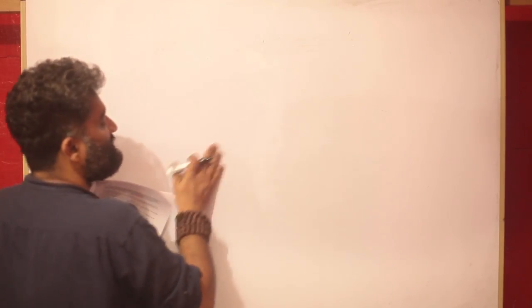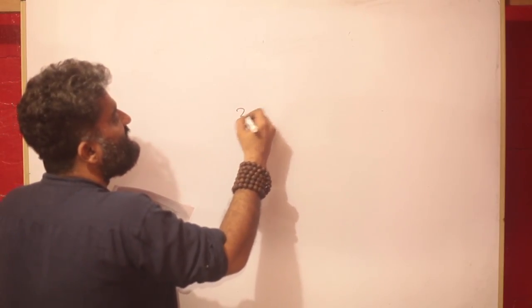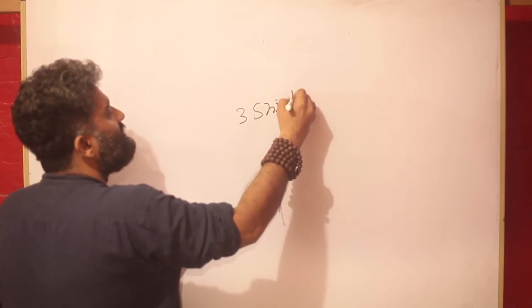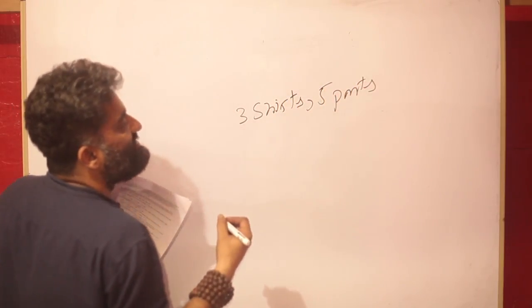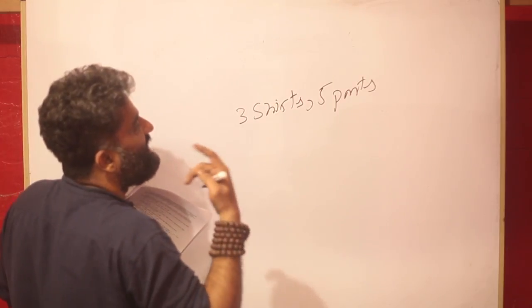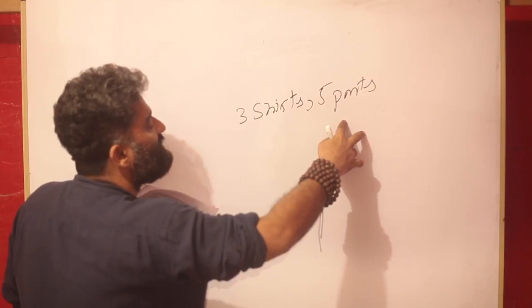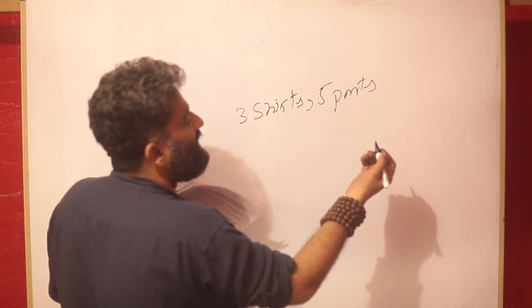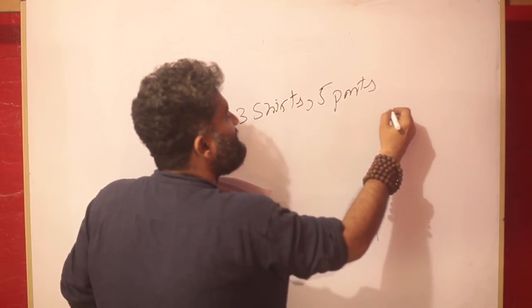Another quick example, just to elaborate the idea further. Let's say you have 3 shirts, right? You have 5 pants. How many ways can you dress? The basic idea is that dressing involves a shirt and a pant. So if I say, okay, show me how you will dress, you might set up a table like this.